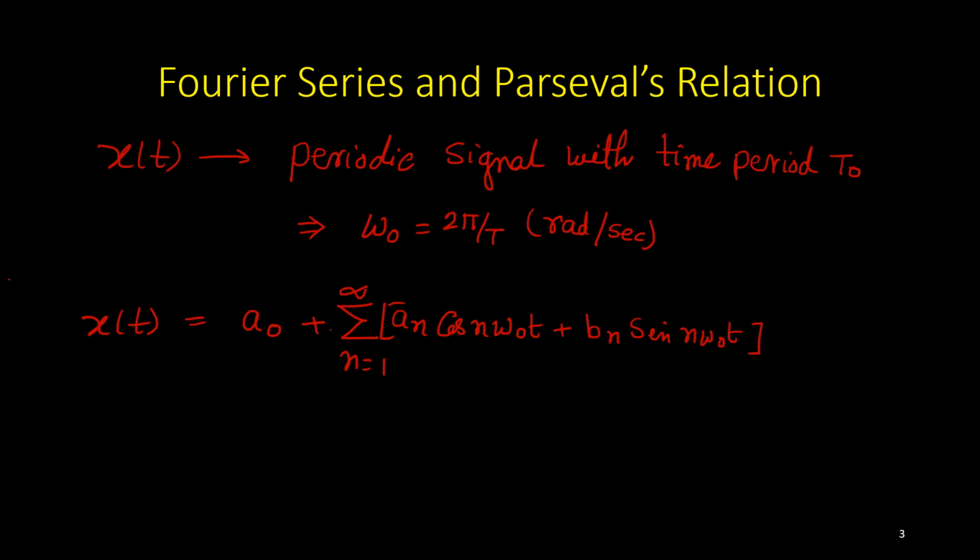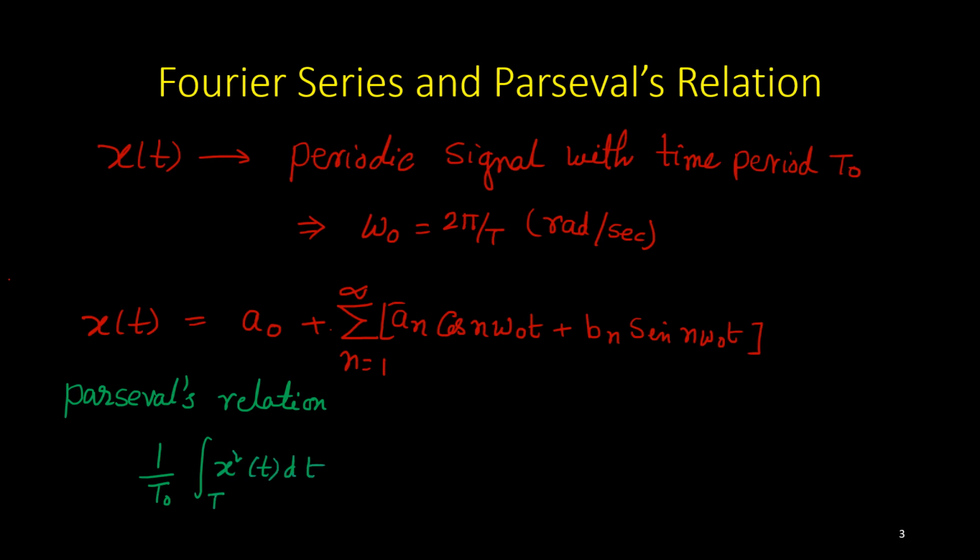Now Parseval's relation for this continuous periodic signal, we can have the average power of this x(t) signal, and that we can compute as 1 upon T0 integral of x square t dt.